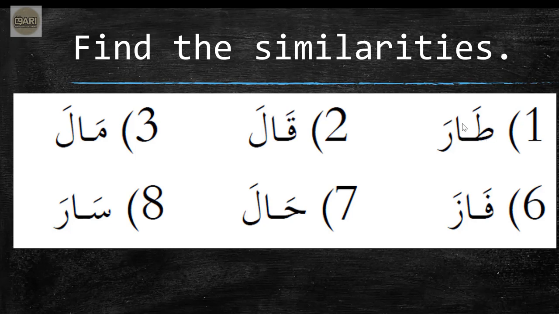So here, all of these alephs that we see in the middle represent a waw or a ya. The original letter here in the middle, even though we see an aleph, is not an aleph. It's either a waw or a ya.